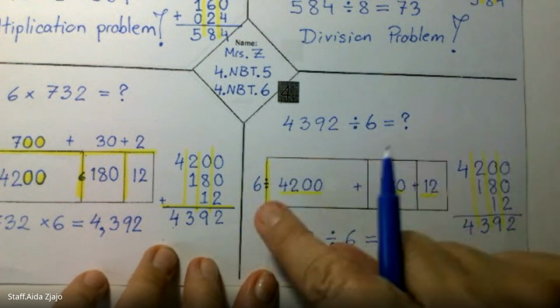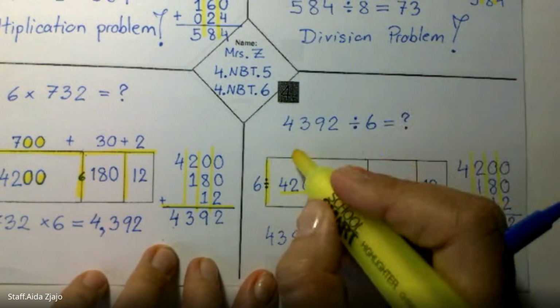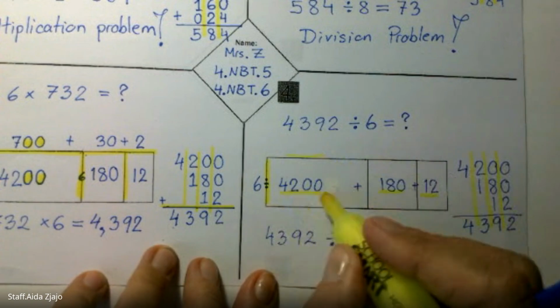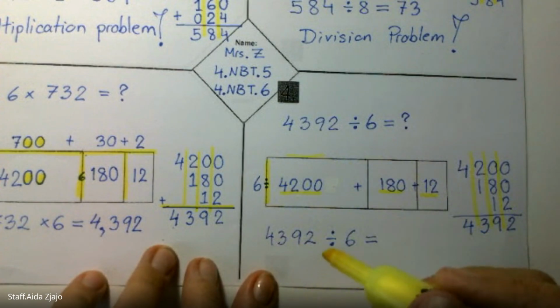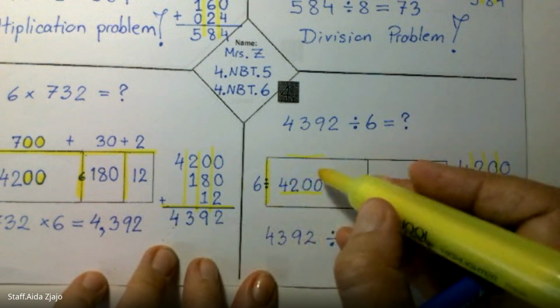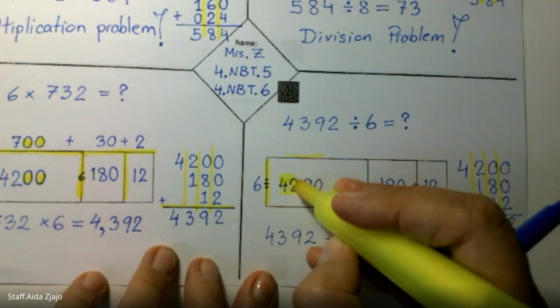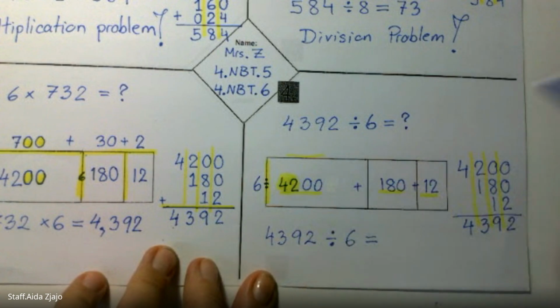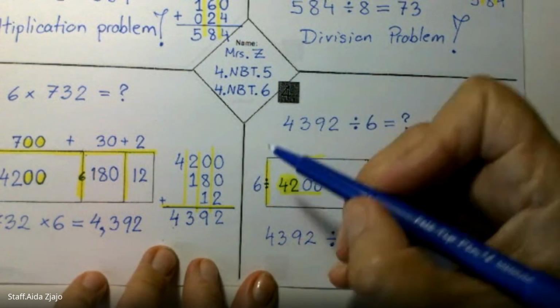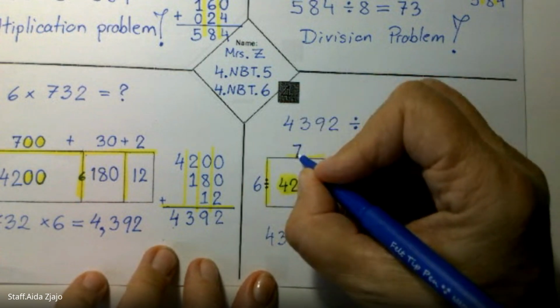So 6 times, what number do you multiply to get this 4,200? It's the same as we did before. We can think of this as 4,200s. If we know multiplication facts, we know 6 times 7 is 42.